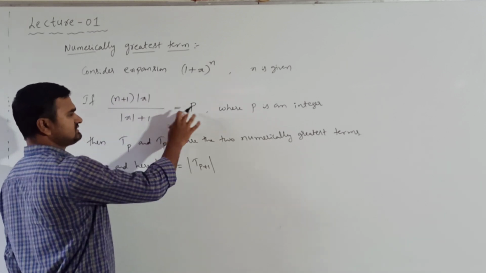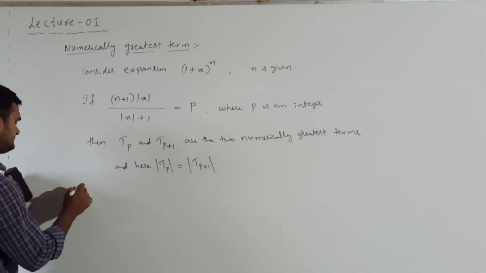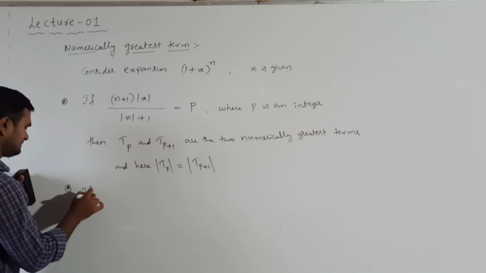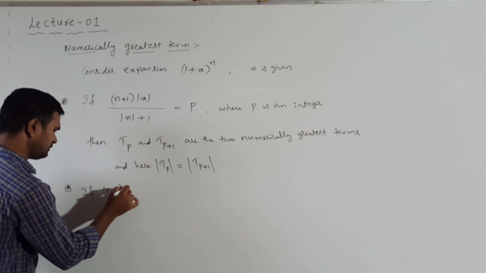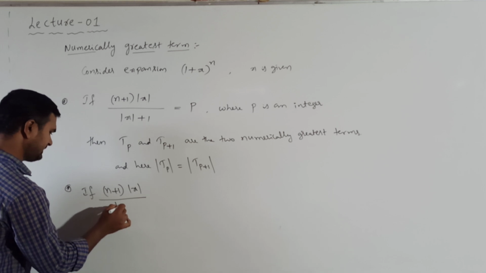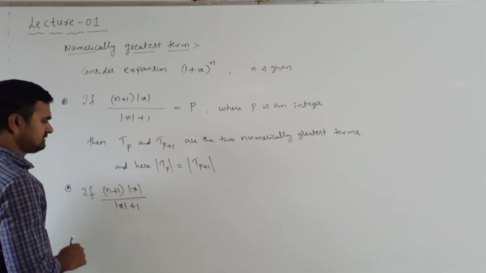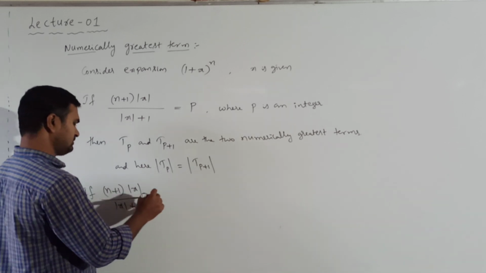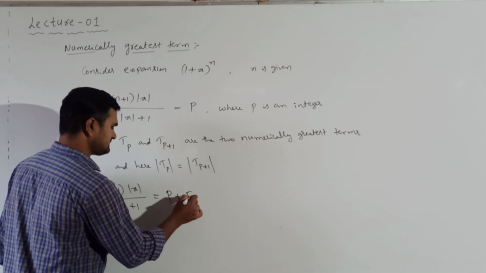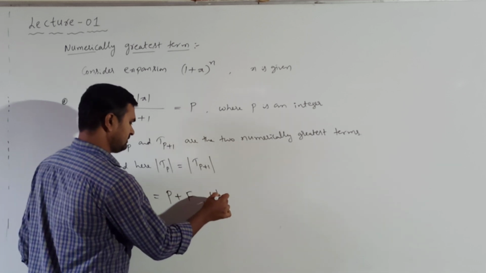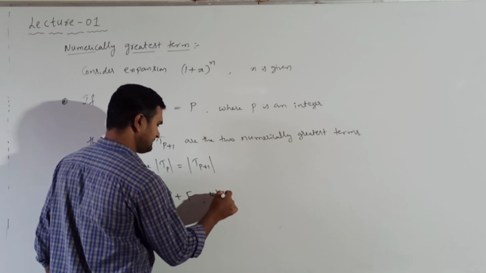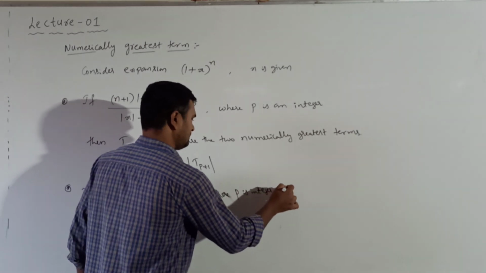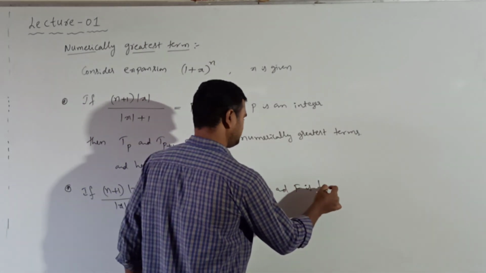Sometimes we get this as some fractional value. Now in such case, this is one case. Now see another case, if the value (n + 1)|x| / (|x| + 1) is some fractional value, now again that fractional value we can divide into two parts, integer plus fractional value, p + f, where p is an integer and f is the fractional part.